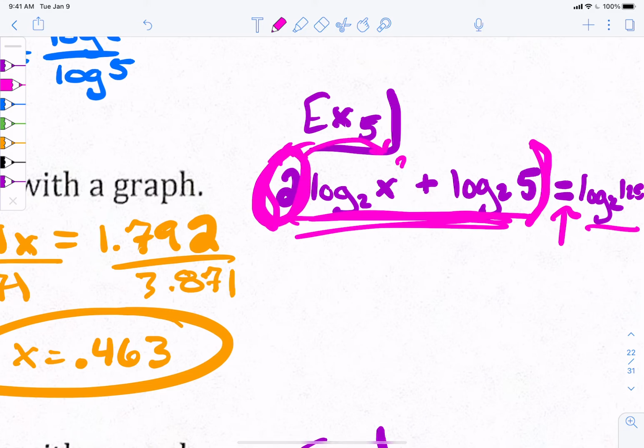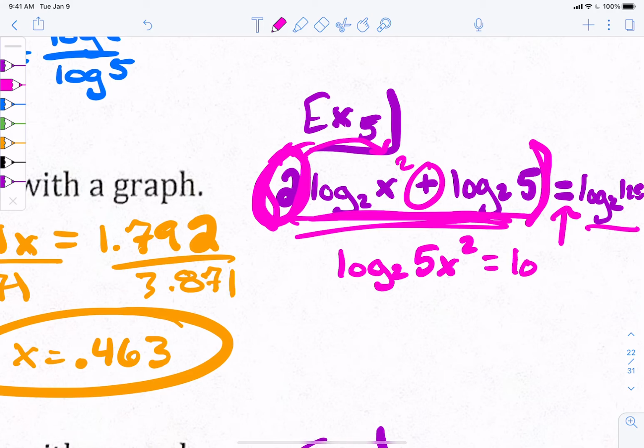So that's why I put that little element in there. That's x squared now, right? It's x squared, not 2x, okay? Now, plus means multiply. So what are we multiplying? X squared and 5. So that becomes 5x squared equals log base 2 of 125.